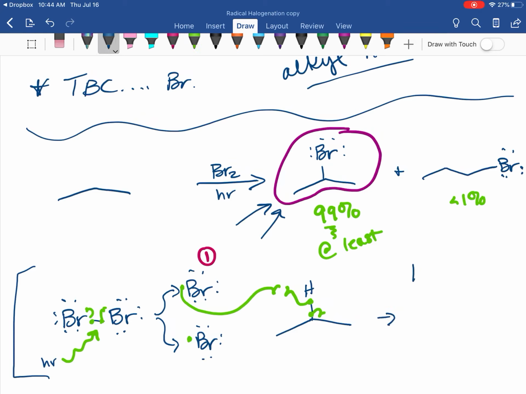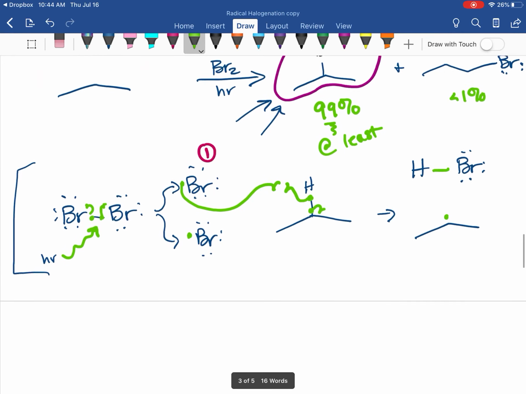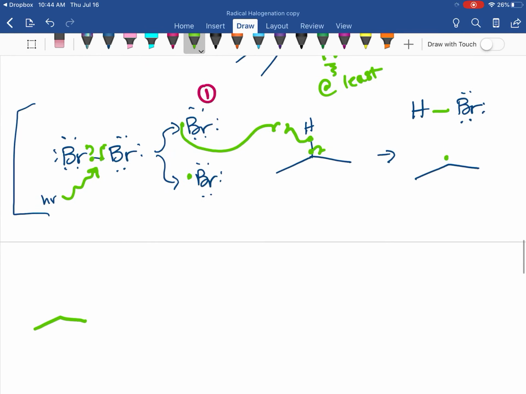We've got 1 electron from bromine, 1 electron from hydrogen. We need to leave behind 1. So we just made HBr, just like our HCl, and we left behind our radical on our propane. Okay, I love it. So now, once we've got that propane radical, let's continue our mechanism down here. We've got our radical right here.